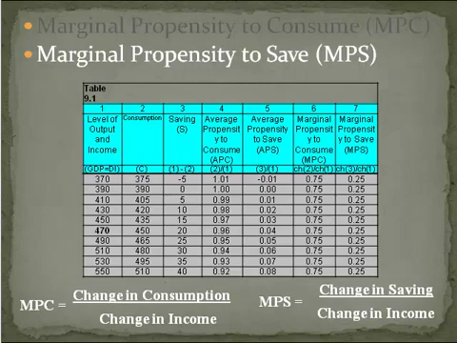That's a very important question, because if we did have an income level of $470 billion for the entire nation, and the average propensity to consume was 96%, the average propensity to save was 4%, let's say there's an injection of extra money into the economy. Well, what will that extra money do? We're going to save some of it, and we as Americans are going to spend some of it.